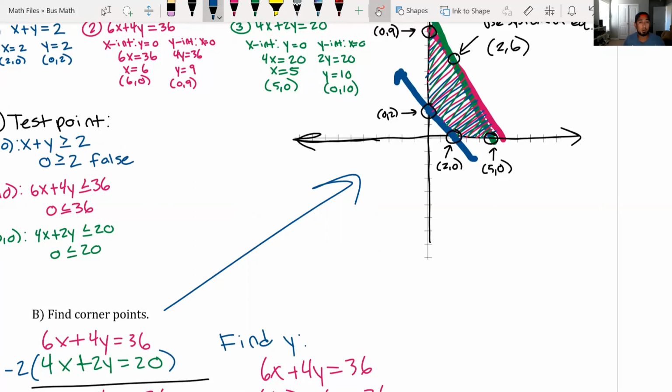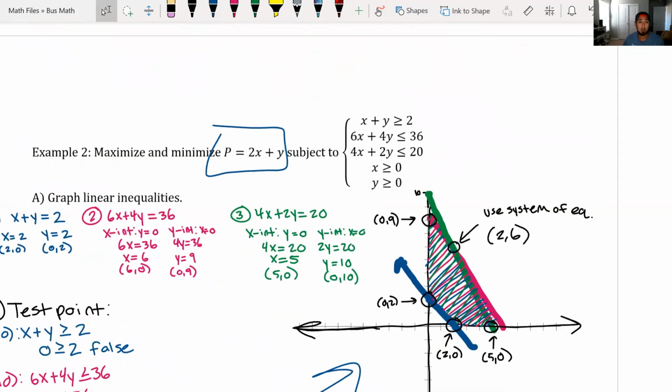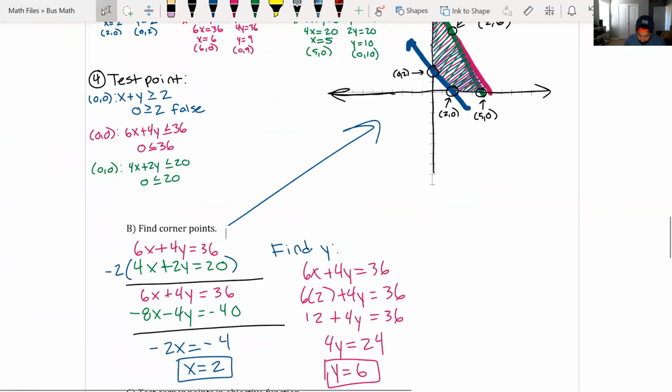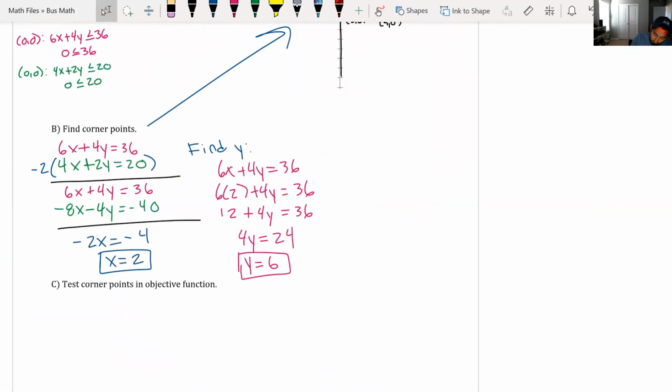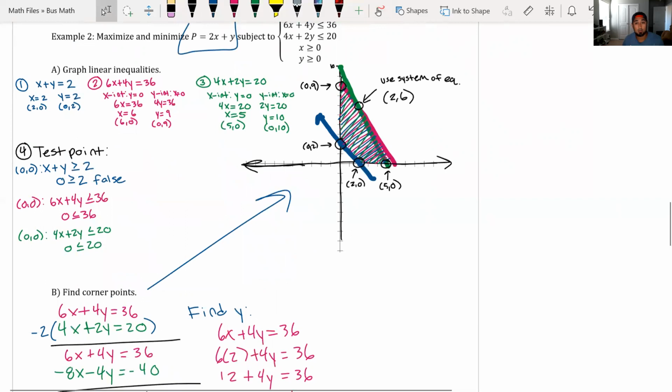Okay, and now we want to plug them into the objective function, 2x plus y, and see what gives us a max and a min. The corner points are 0, 9; 0, 2; 2, 0; 5, 0; and 2, 6.